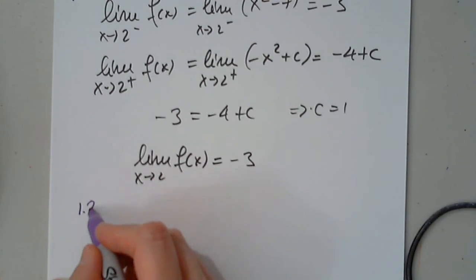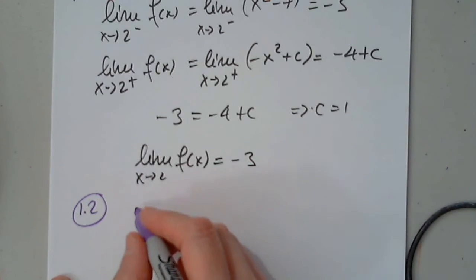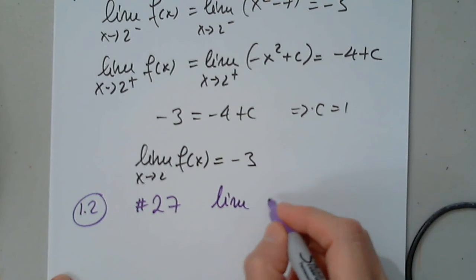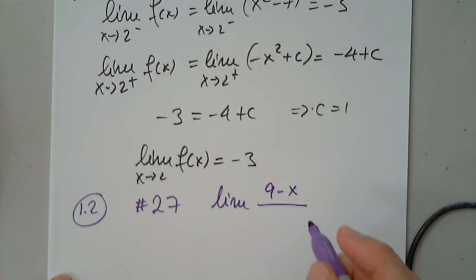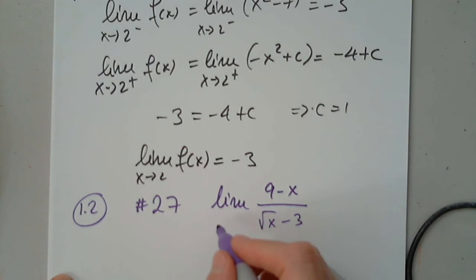Okay, so then back to 1.2, and trying to look at some other limits. Let's look at a radical limit. We didn't get the chance to look at 27. So the limit of 9 minus x divided by the square root of x minus 3 when x approaches 9.